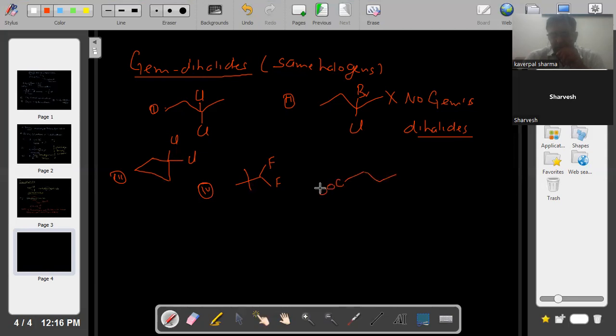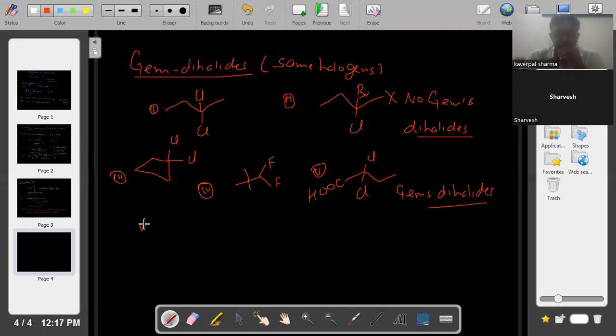Here is COOH and here is Cl, here is Cl. That is gem dihalide. So all are gem compounds. If the same carbon atom bears the same kind of halogens, that is called gem dihalides. Now you can identify them in any kind of compound. They can be in the center or at the terminal also.